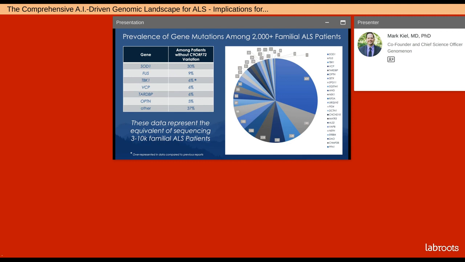And when you look at that data in aggregate, again, relegating the C9orf72 patients for a separate analysis, you can see here that the prevalence of mutations in familial ALS patients that were projected from that review hold true based on an assessment of the representation for each of those cases with variants in specific genes in the empirical evidence in the medical literature, such as has been aggregated and annotated in the genomic landscape.